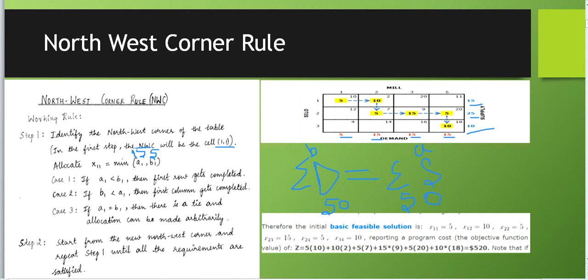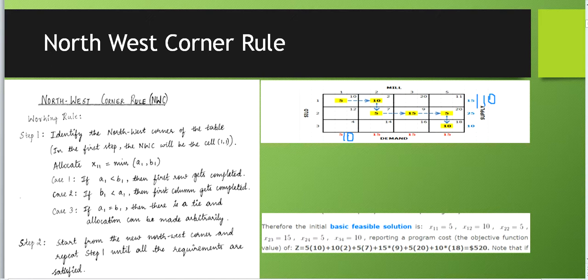So once we make an allocation, the next step is to subtract that value from the individual supply and demand that have been selected. So 5 minus 5 gives me 0. 15 minus 5 gives me 10. So I write down 10 over here. Now after doing this, you can see there are three cases being listed.